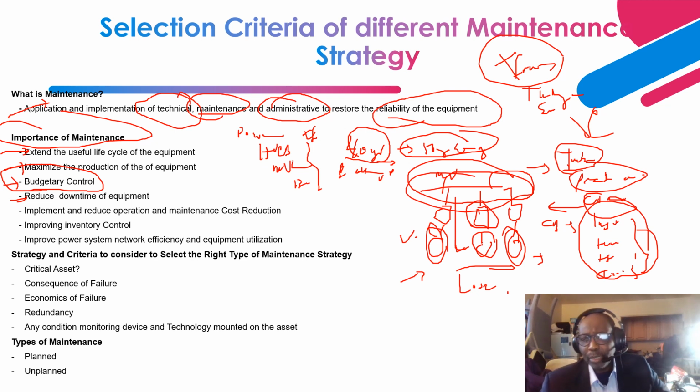The routine maintenance tests that you can perform are capacitance and tan delta, turns ratio, insulation resistance and polarization index, excitation test, impedance test, then winding resistance test. So this is the majority of the routine tests that you can perform on a power transformer based on time-based maintenance.